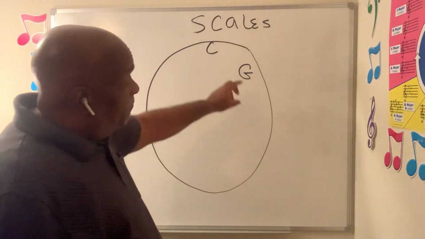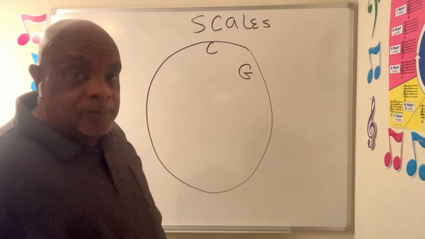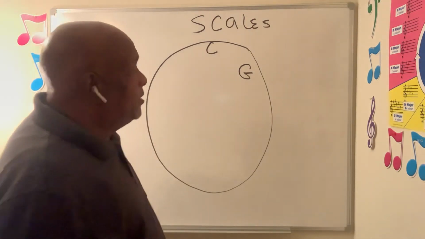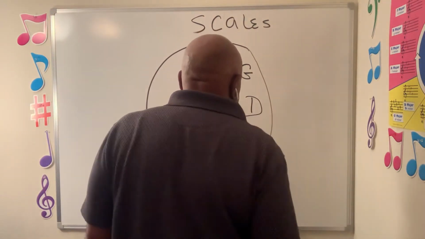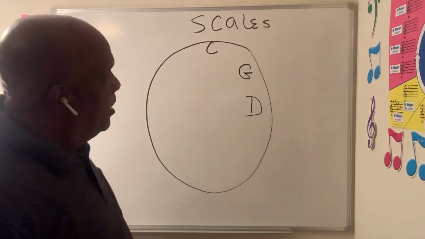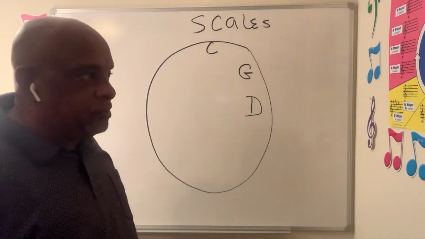Now, what's the 5 of the key of G? All right, the 5 of the key of G is D. The 5 of the key of D is what?